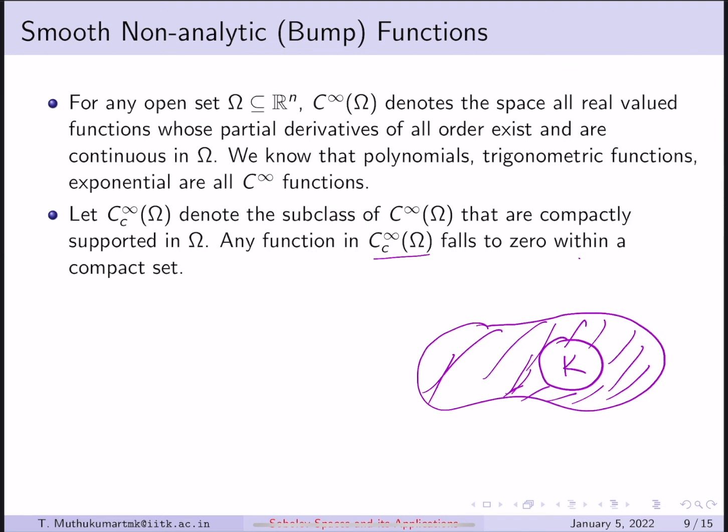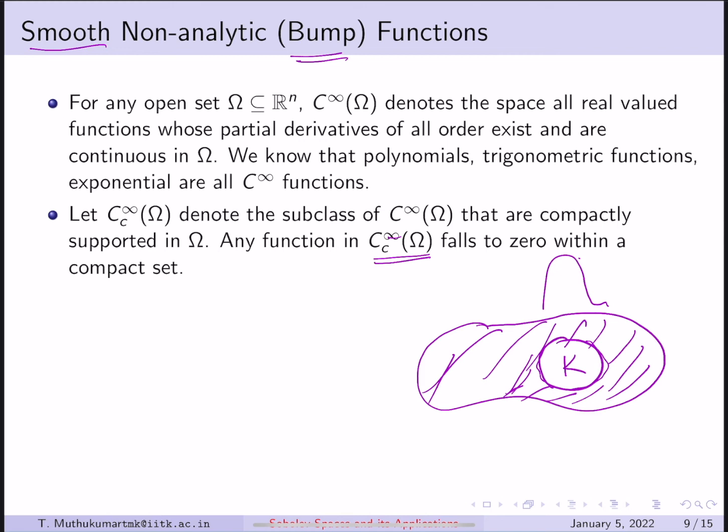So if you think of the graph of this function, it is 0 everywhere and then suddenly there is a bump just above K, some kind of mountain above K, and then it falls to 0 as we approach the boundary of K, and then it becomes 0. So any function that you can imagine in C infinity C omega will be a bump function. And because they're infinitely differentiable, they have to be smooth. They cannot have edges or sharp corners.